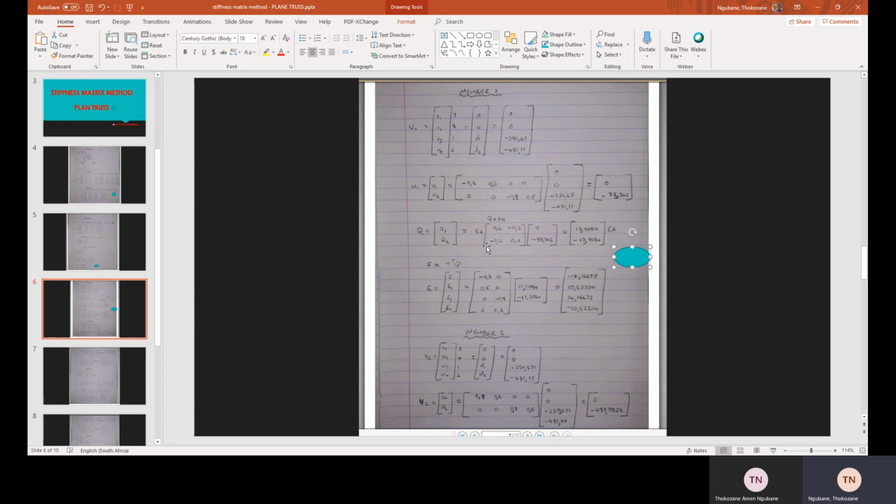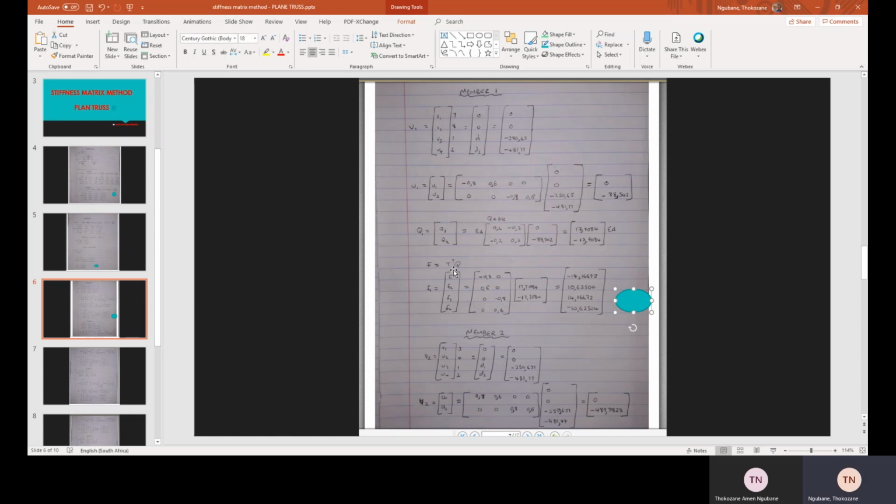That's how we constructed this matrix here. And then we times that by U, which we calculated here. This is our U. So we multiply K times U, we get 17.708, minus 17.708. We use the stiffness matrix to calculate those values.